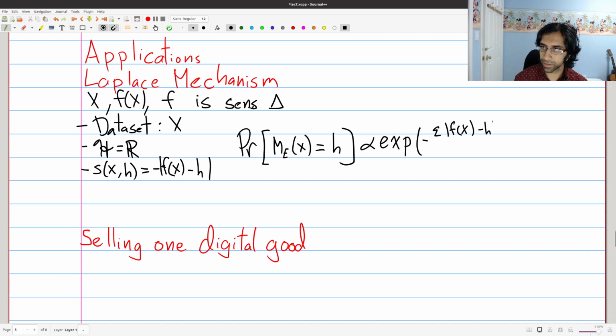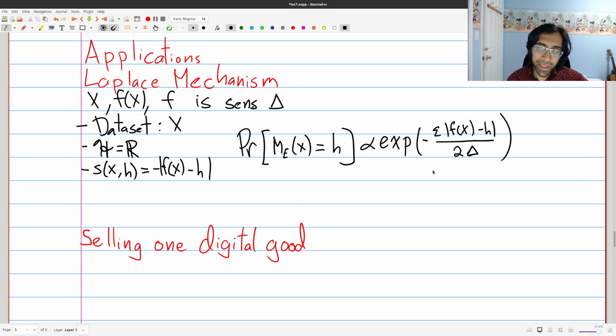Minus f of x minus h divided by 2 delta. And this is exactly the density of the Laplace mechanism. You just compare the PDF of the Laplace distribution, and this is exactly it if you sub in the appropriate parameter needed in order to guarantee privacy.